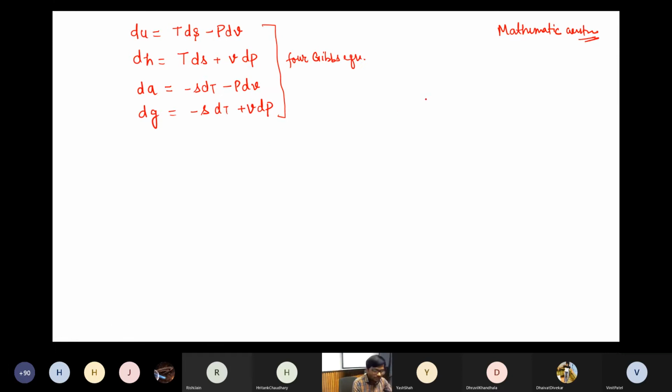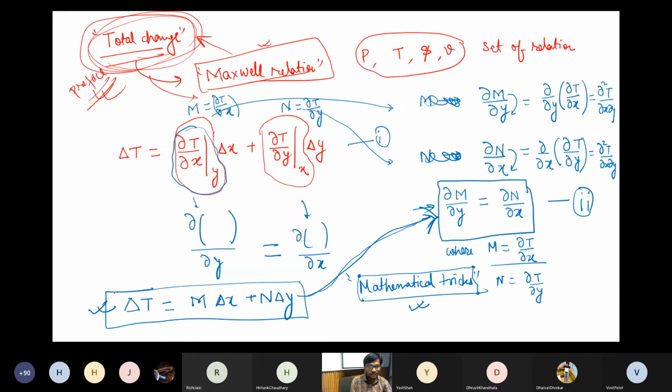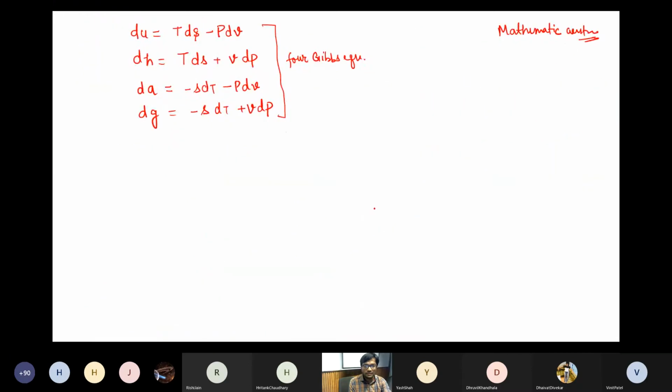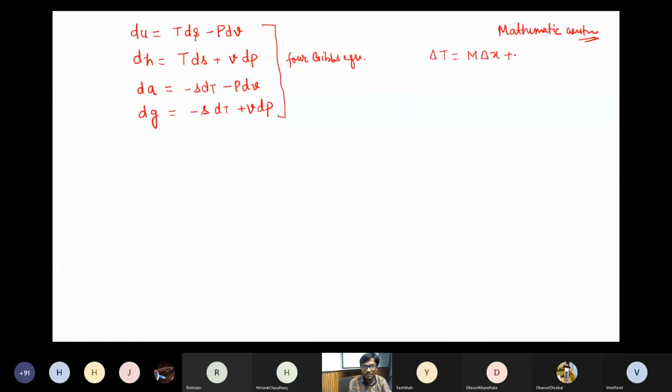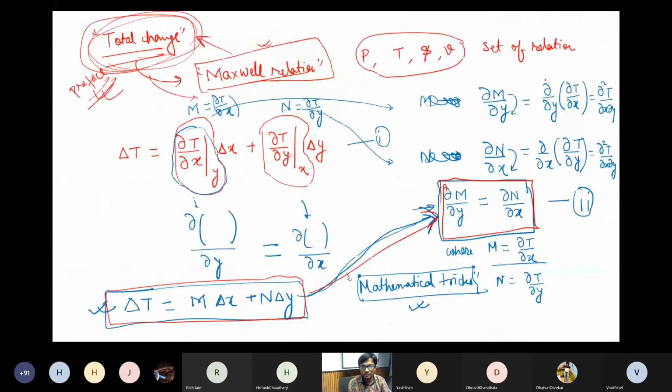Now recall this particular thing we have discussed. Let me write this again for the sake of clarity. Some function's total derivative is equal to M dx plus N dy, where ∂M/∂y must be equal to ∂N/∂x.